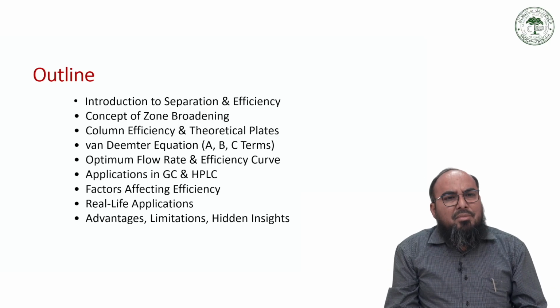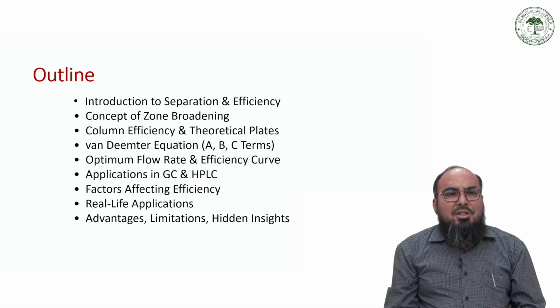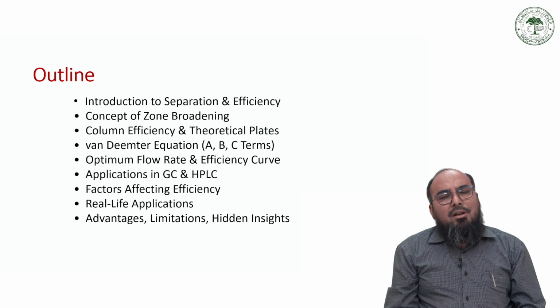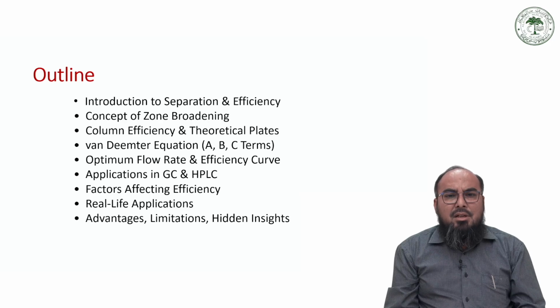Let us briefly sketch the outline of the topics to be covered in the lectures to come. First of all we will study the concept of separation and the efficiency of a column with regard to zone broadening. Then we will go through column efficiency with regard to a theoretical concept that involves certain imaginary plates in the chromatographic column.